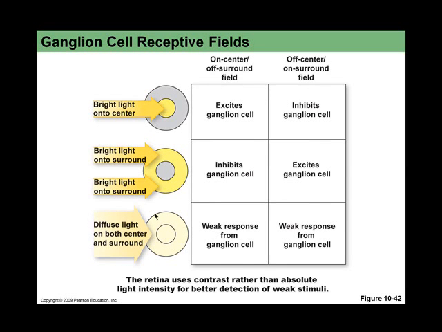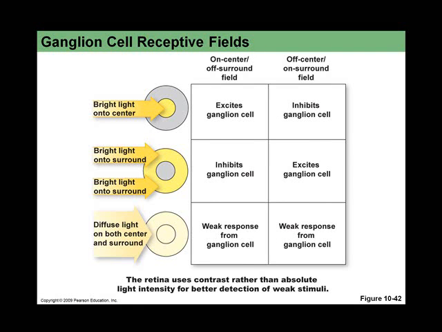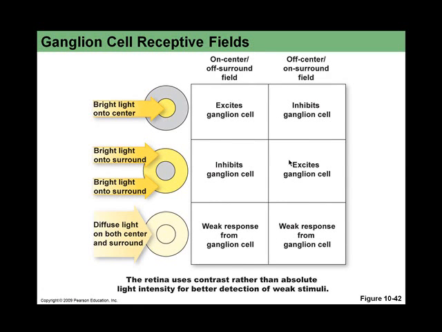If there's just diffuse light that's evenly distributed across the center and the surround, you're going to get a weak response from both of them. So the differential responses provide a set of information.